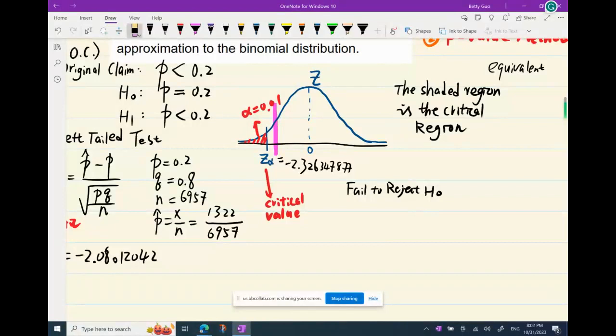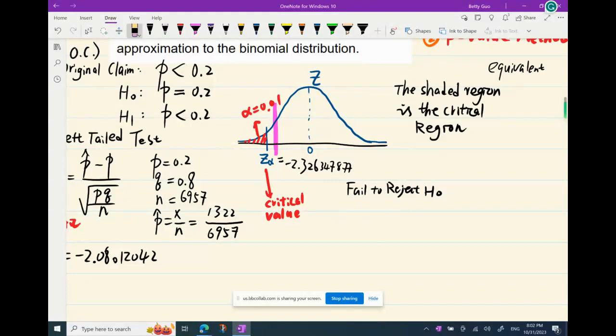The critical value is the criteria for how rare is rare. Here, 1% is rare. If it's lower than 1%, that means a rare event occurs. Remember the logic behind the hypothesis test I gave you on Thursday.